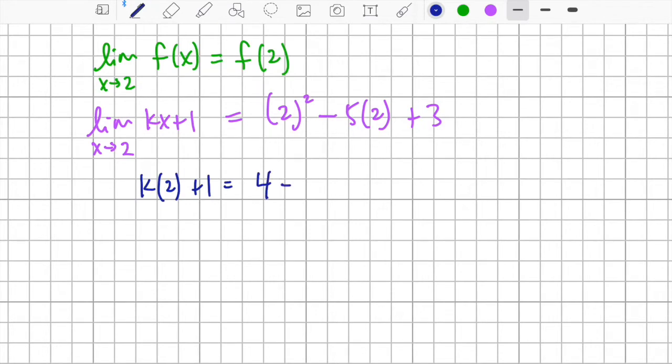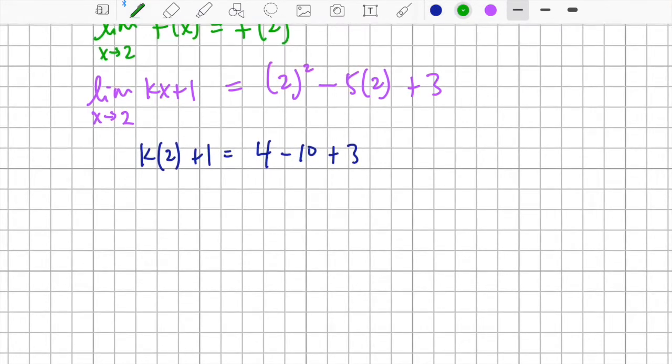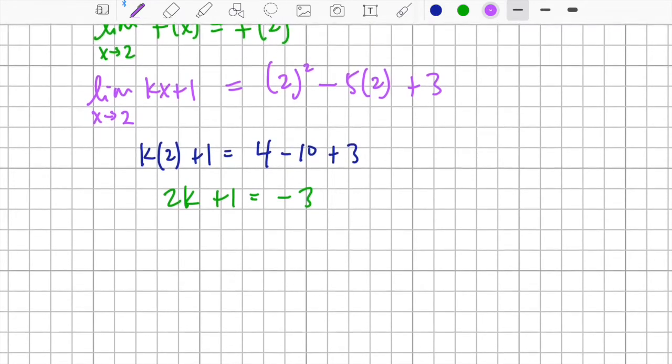Now we have to simplify. So this gives me 4 minus 10 plus 3. k times 2 is just 2k plus 1 equals 4 minus 10 plus 3, which is negative 3. So then all we have to do is solve for k.